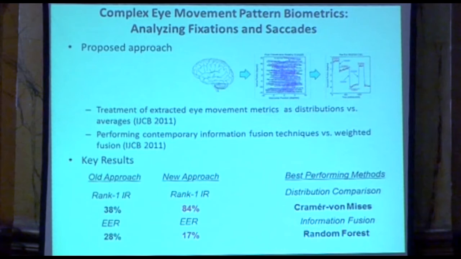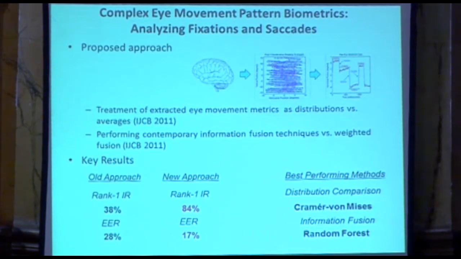However, in our previous work, we looked at the averages of those metrics. But in the current work, we are looking at the distribution of those metrics. Also, 2 years ago, we looked at how to combine those metrics, and we just used very simple weighted fusion techniques. However, this year we are presenting more contemporary fusion techniques.